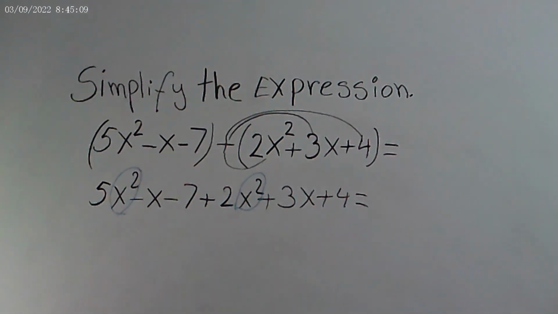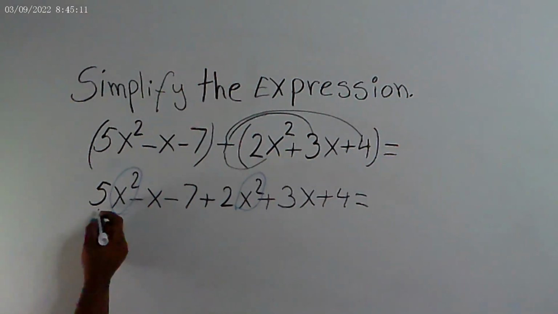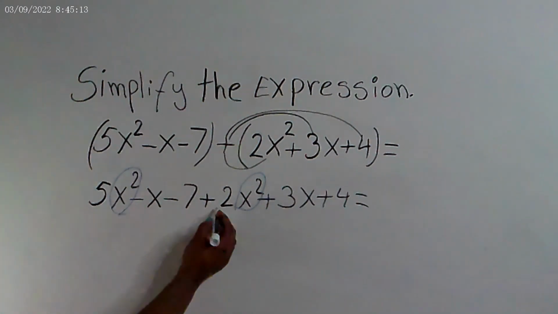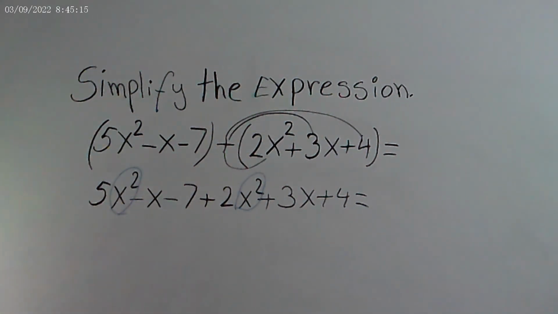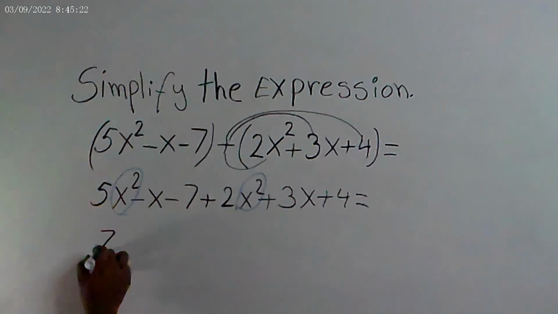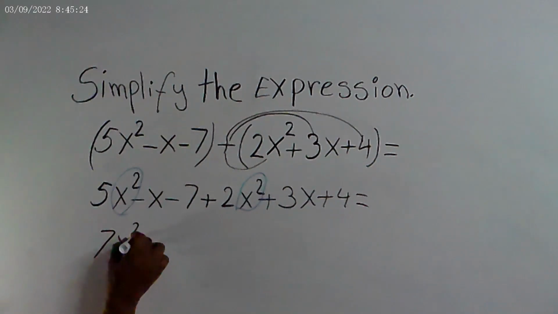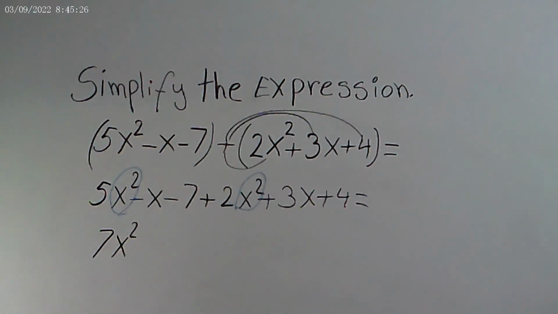You have 5x squared plus 2x squared. When you do addition, 5 plus 2 is 7 and you keep the exponent, which is x squared. Okay, and here the next one is a different color.